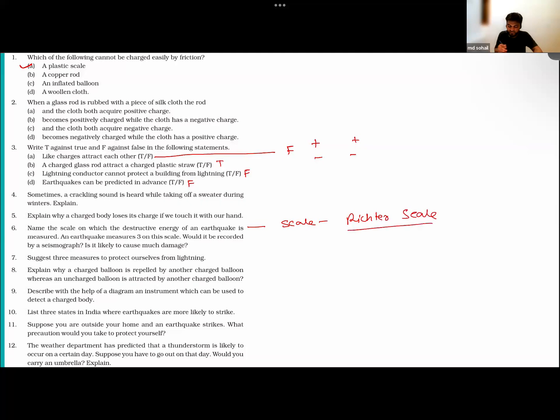So we measure the energy of an earthquake on the Richter scale. Okay. Ahmed has left. Yeah, I guess he is having some network issues. Okay. So an earthquake which measures 3 on this scale will still be recorded by the seismograph, but its intensity, the damage done by it, will not be that much, right?